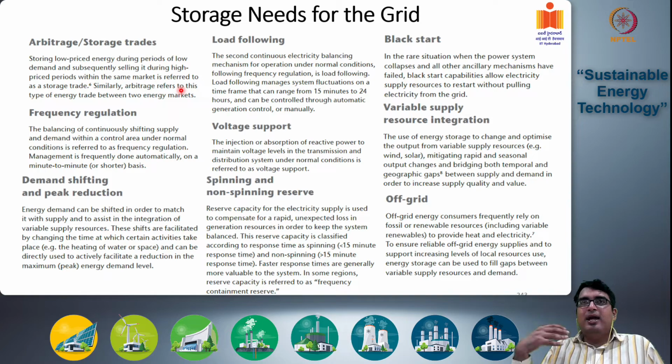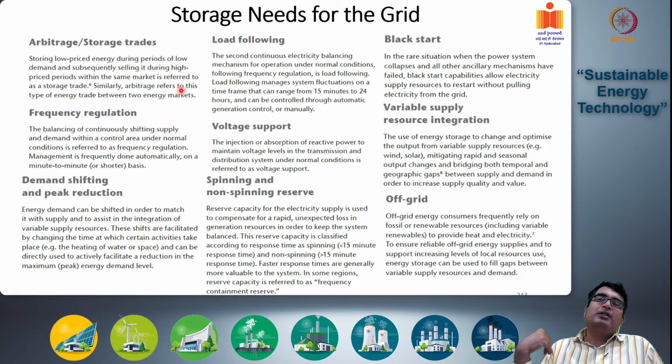So consider an Indian state grid. For example, a grid in Uttar Pradesh or a grid in eastern India, etc. Now, suppose you have a storage technology that is installed in a location whose function is to store low priced energy during periods of low demand, that is late night or off peak hours, and then selling this energy back to the grid at periods of high price, that is high peak during periods of high energy demand.